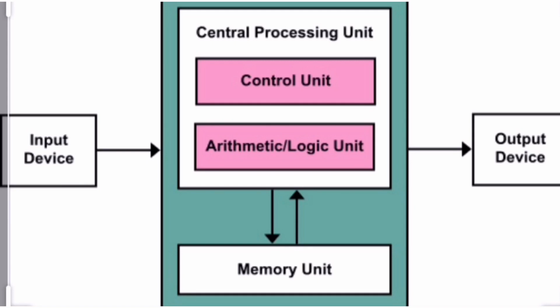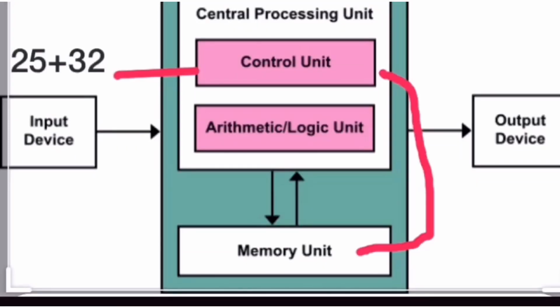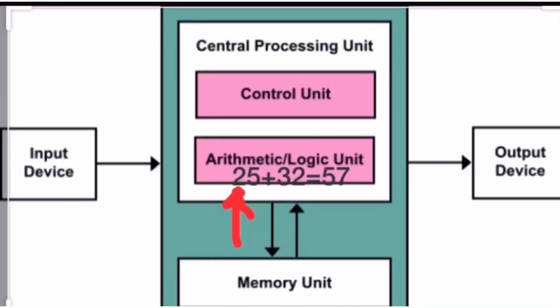Plus and equal are instructions. Let's see what happens next. CU, control unit, takes the input from the keyboard keys and sends it to the memory unit. For example, you can see 25 plus 32 is the input and the control unit sends it to the memory unit.